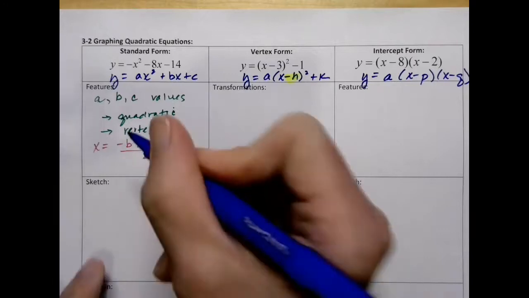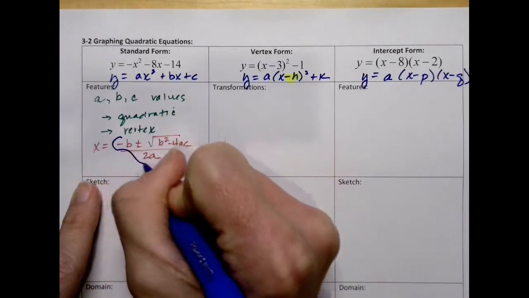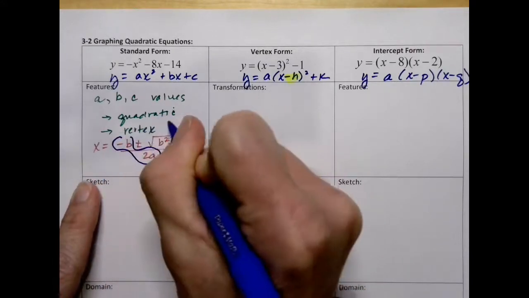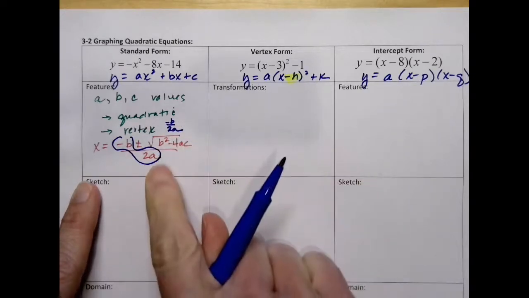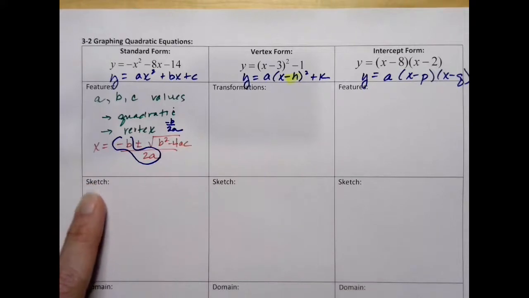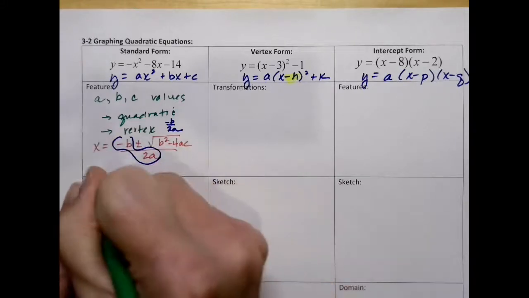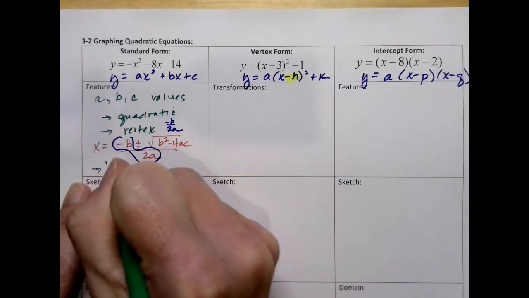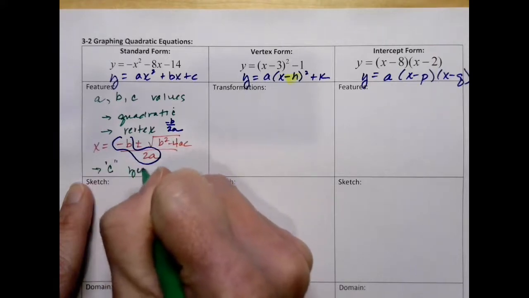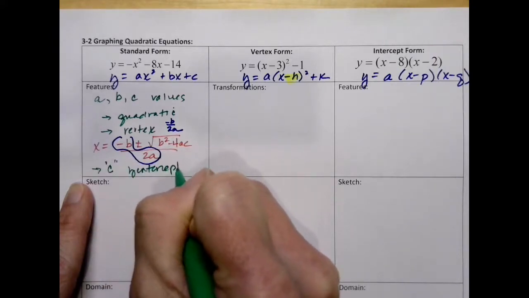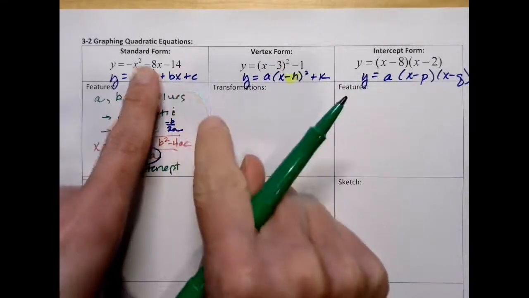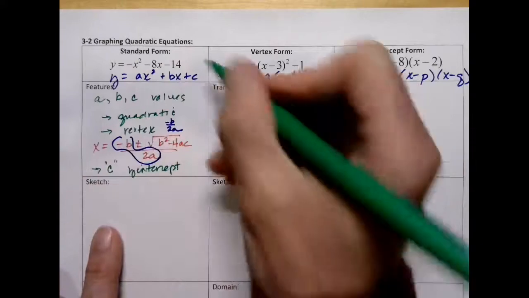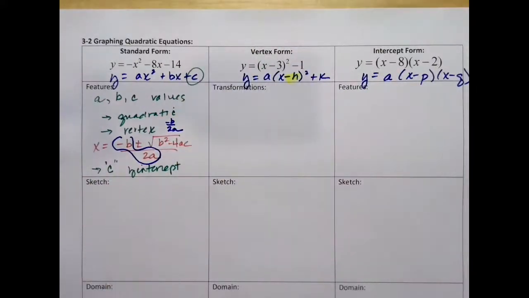But guess what? Here is our vertex, negative b over 2a. So that comes from this quadratic formula. The last thing to make sure that we know is that c is always going to be our y-intercept in standard form. And that makes sense because when x is equal to 0, both of these zero out, and that's just going to leave us that c. Okay?